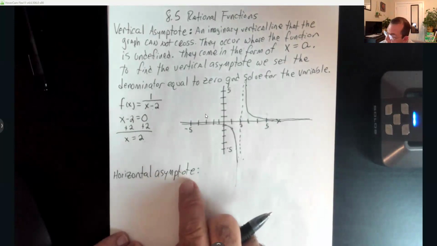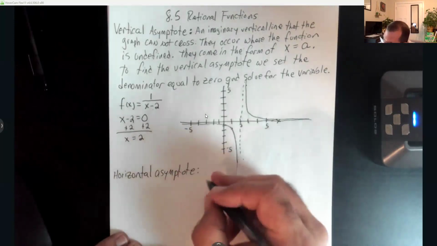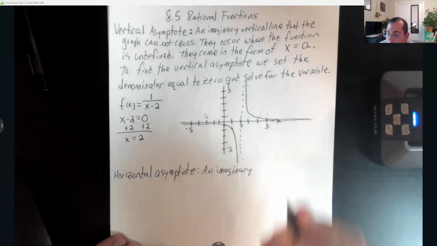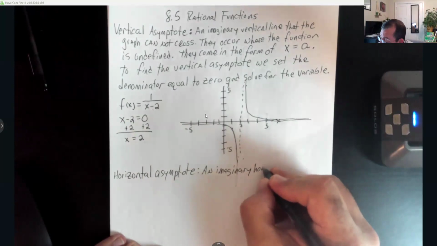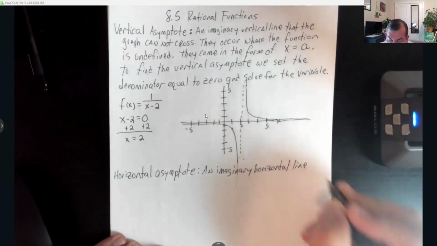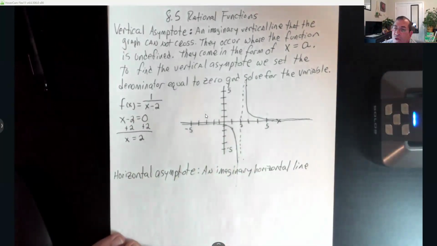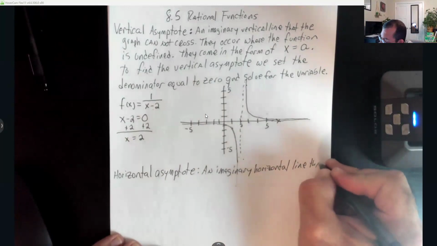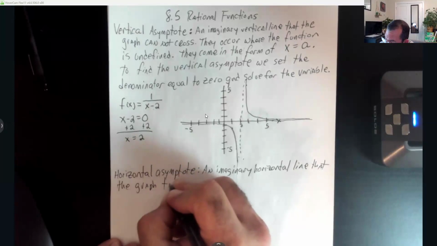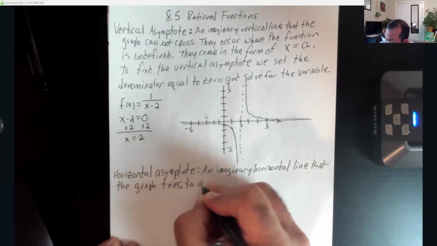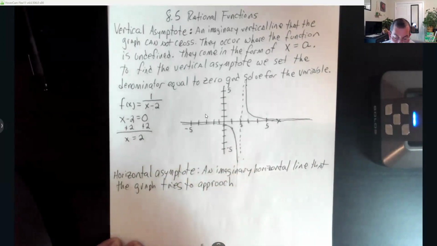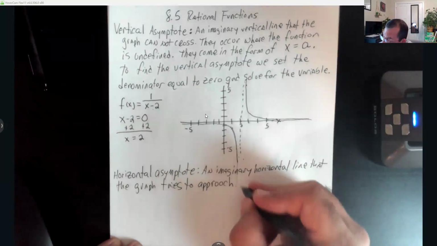So a horizontal asymptote is an imaginary horizontal line that the graph tries to approach in either direction.